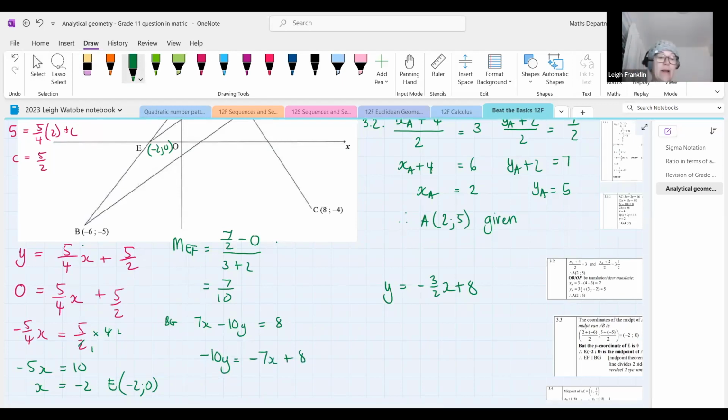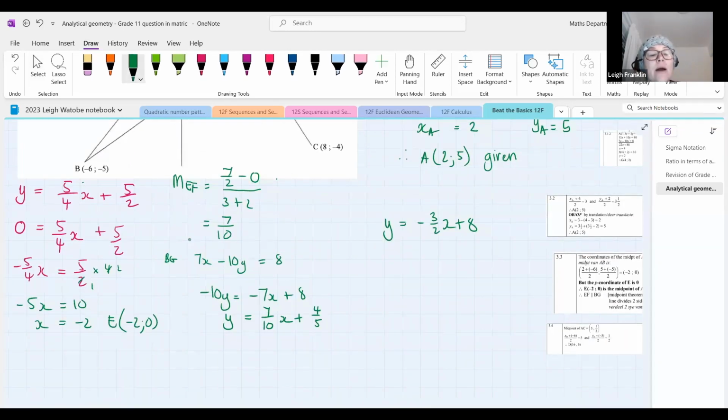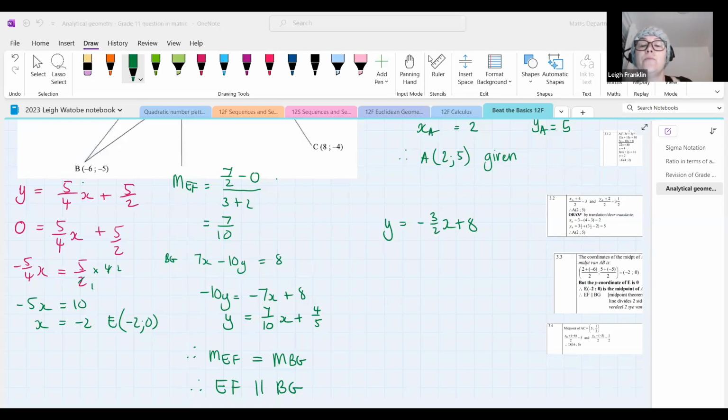We divide through by negative 10, which gives us y equals 7 over 10x plus 8 over 10, so that would be 4 over 5. So what this means is that the gradient of EF equals the gradient of BG. Therefore, EF is parallel to BG.